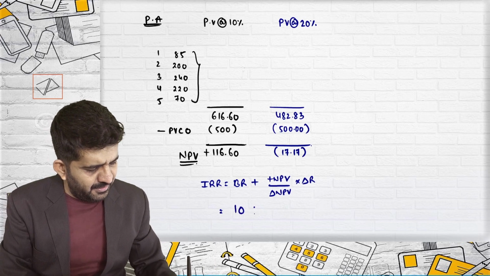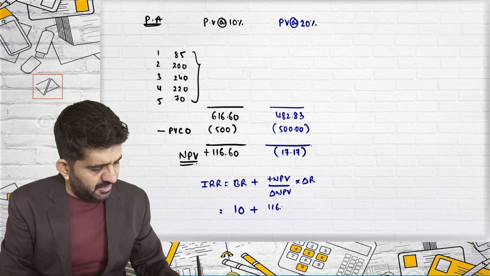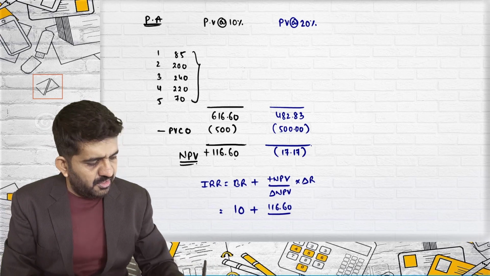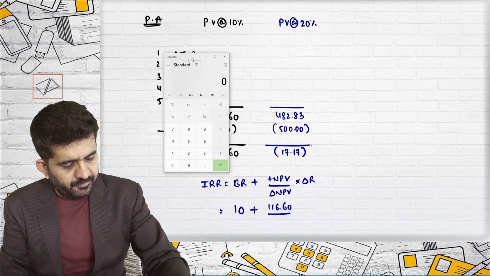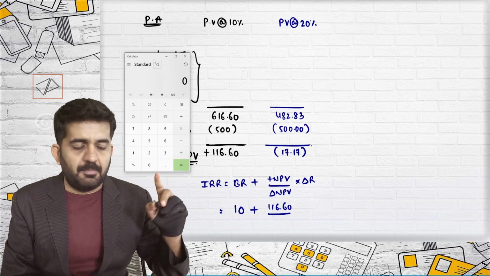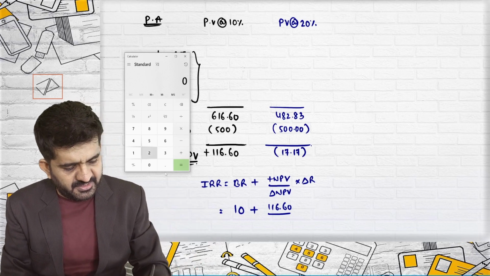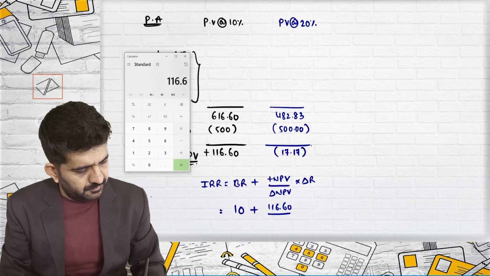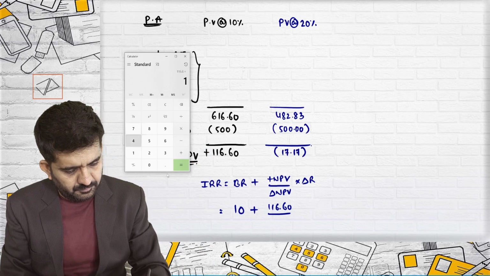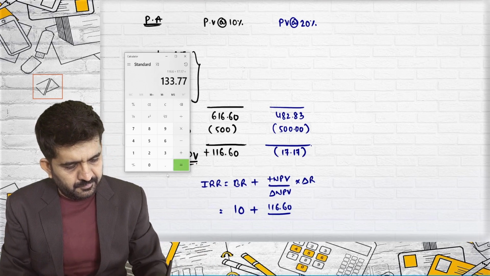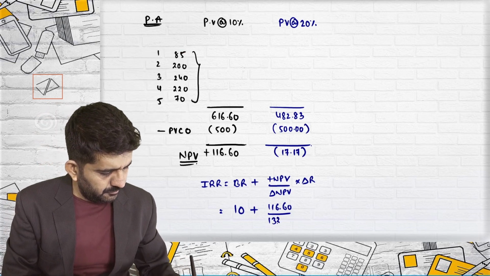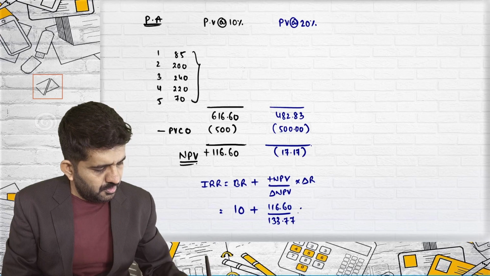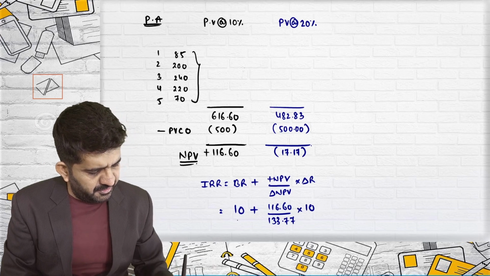Base rate is 10, positive NPV is 116.60. Difference in NPV will be addition of both. It is 116.6 plus 17.17, which is 133.77, multiplied by difference in rate, which is 10.